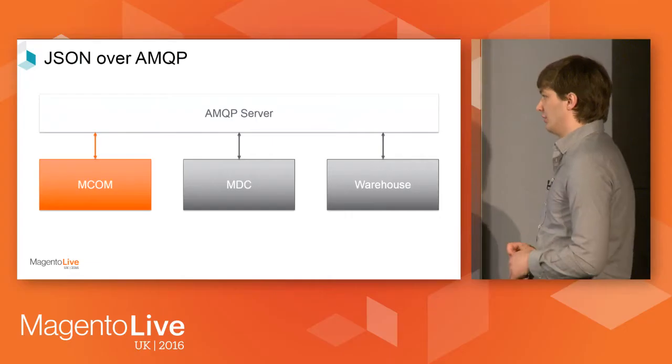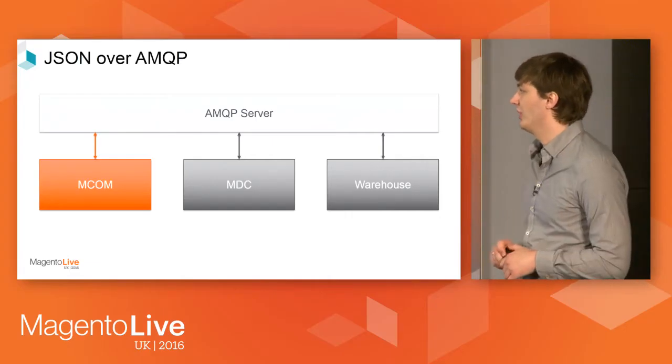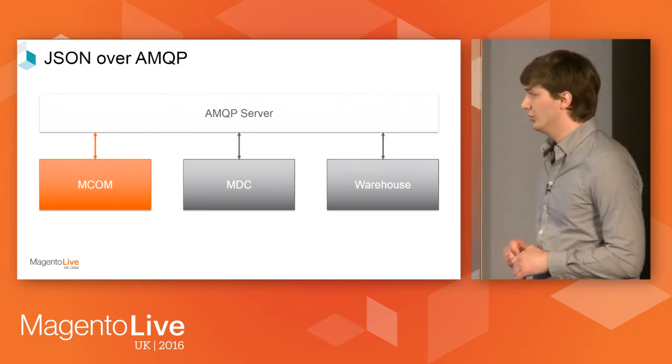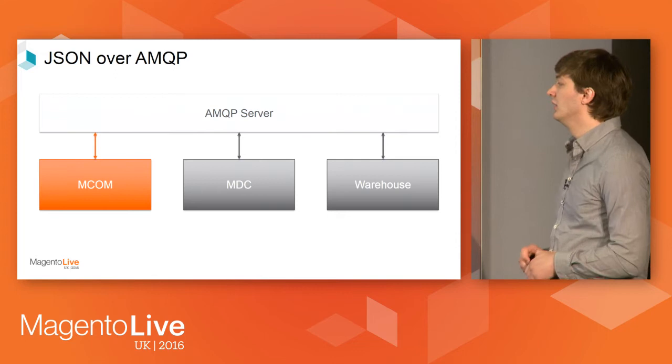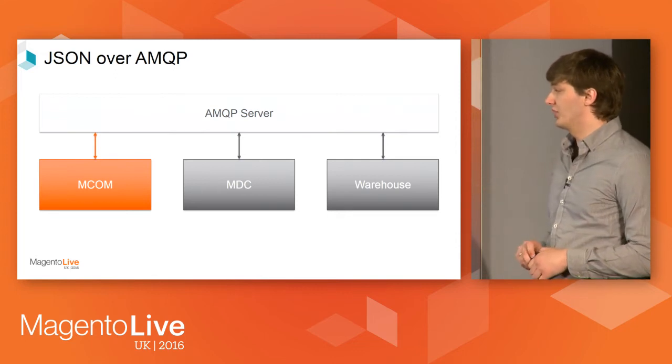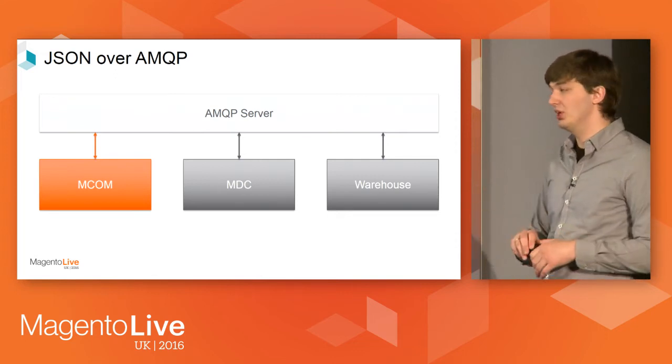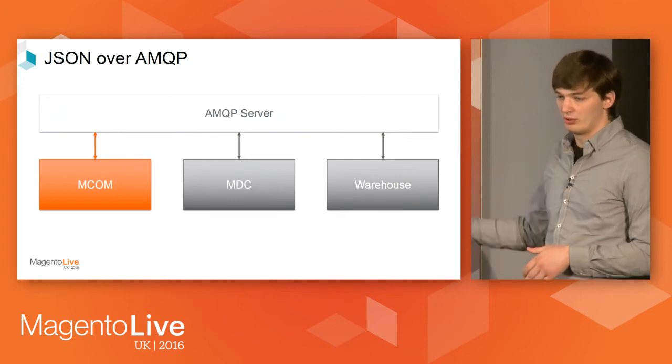So let's get closer. Let's see what JSON over AMQP looks like. So in the JSON over AMQP setup, this is what is defined by the protocol binding, basically. We have one AMQP server that is a centralized messaging bus. You can have one server or a cluster of servers. And then every system connects to this AMQP server, and they exchange messages. So the smallest thing in a request in the AMQP protocol is a message.